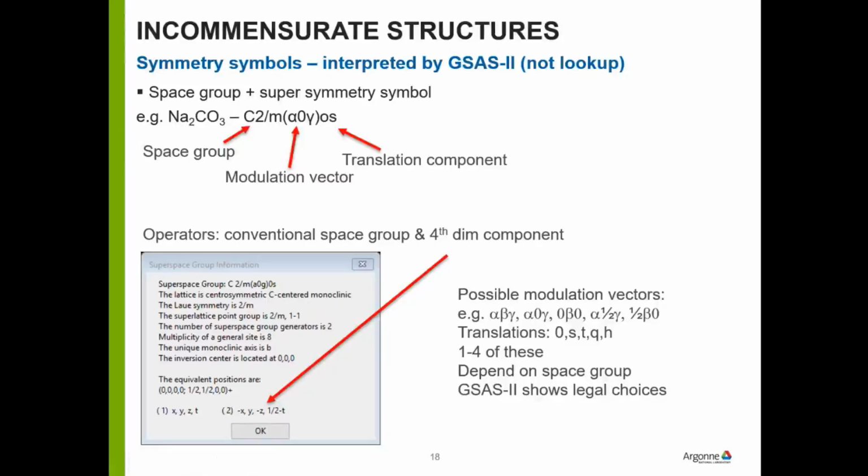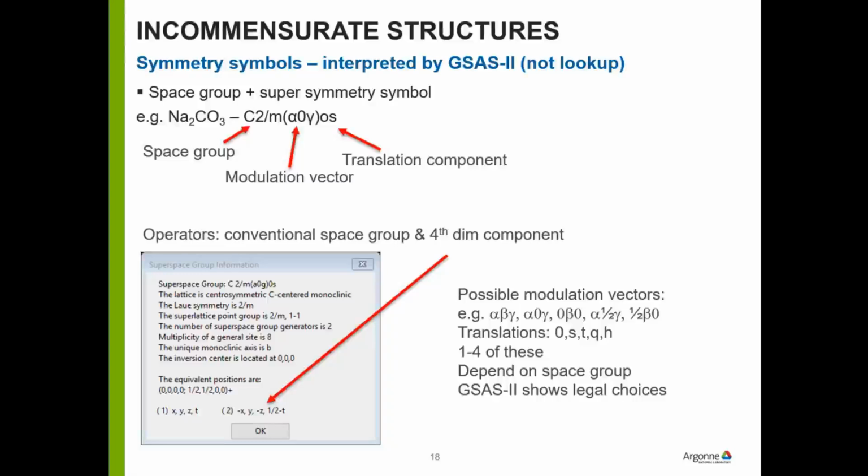These things have space group symbols. And the space group symbol is interpreted by GSAS-II. It's not a look up in a big table someplace. It actually takes this thing apart and says, okay, what are all these components, and puts it together. So this piece here is the space group symbol, C2/m. This tells what the components are for the modulation vector. It doesn't say what the numbers are, but it says alpha, 0, gamma.